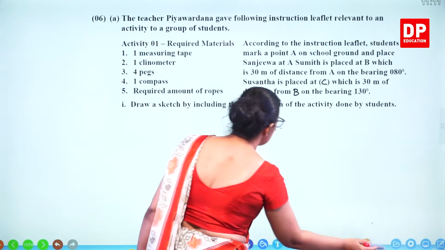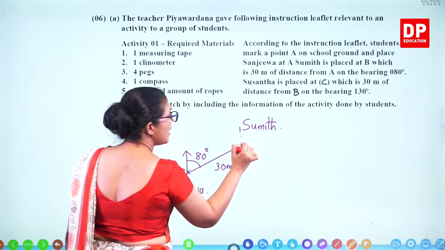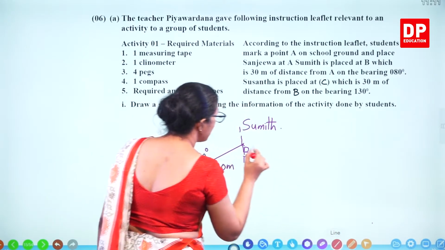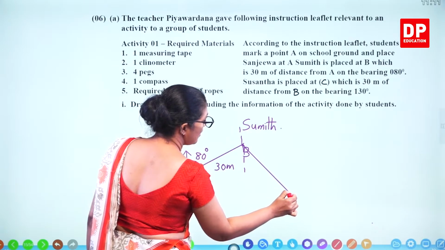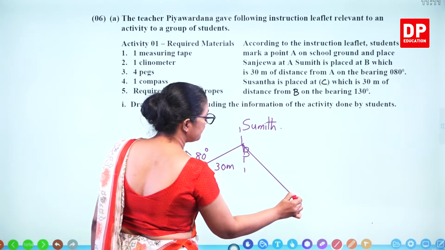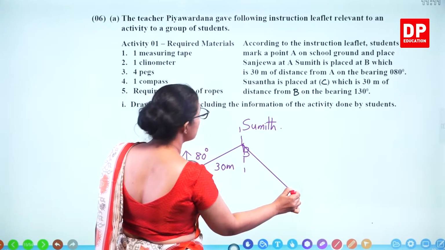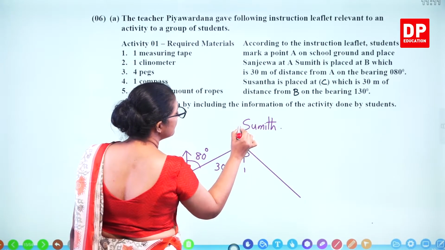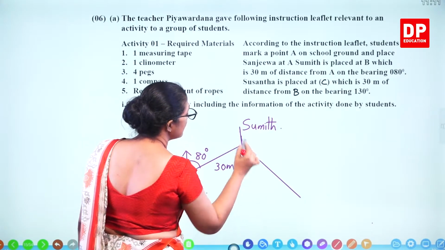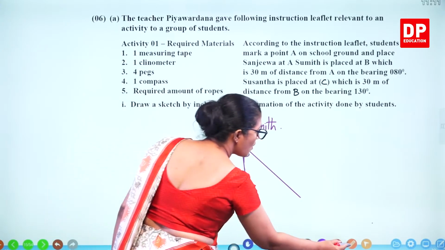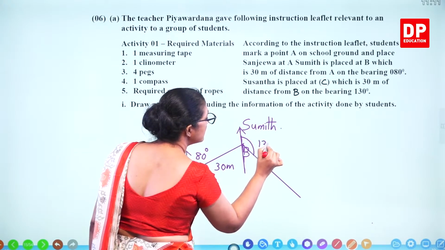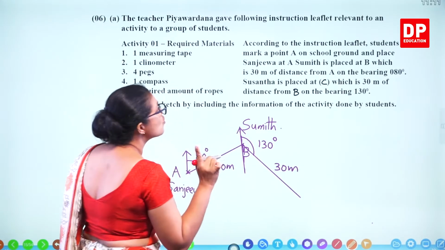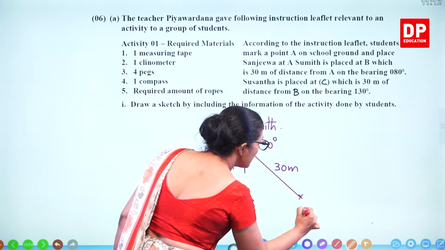So bearing 130, that means from B, okay, not from A. 130 is an obtuse angle, so somewhere here from north. That's how many meters? 30. So equal distance. Here I'll draw the north line. So 130 from here, and this is 30 meters. So this is Susantha. So this is C, Susantha.